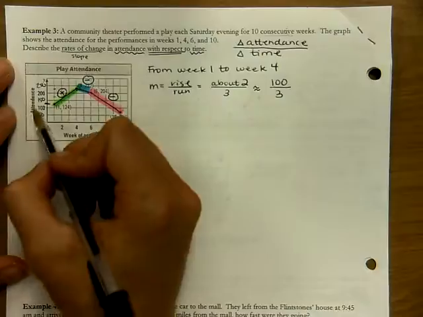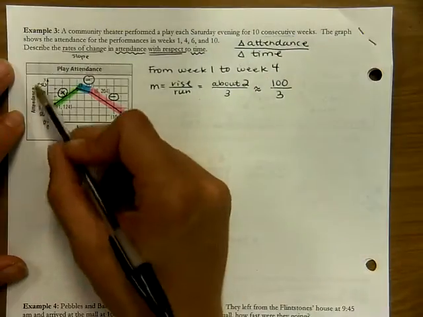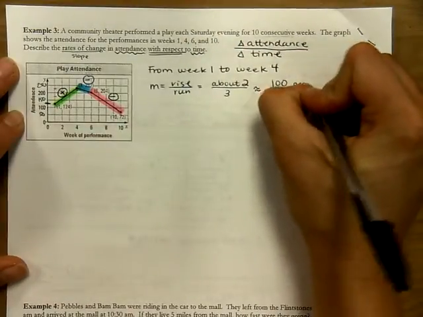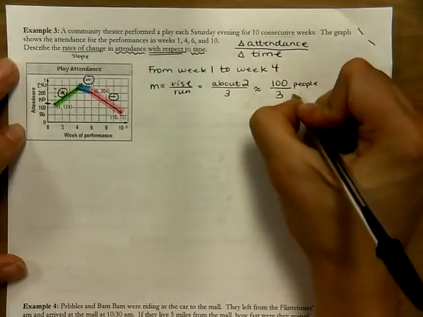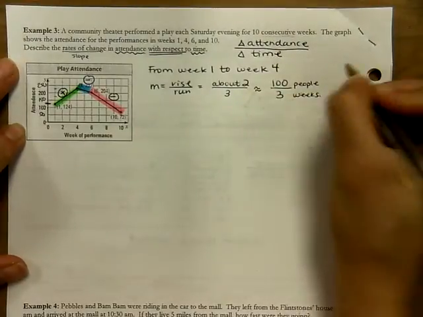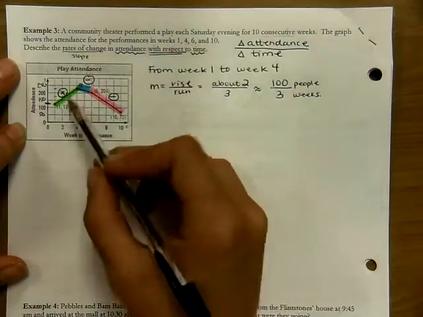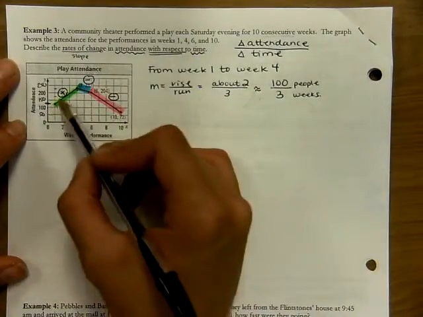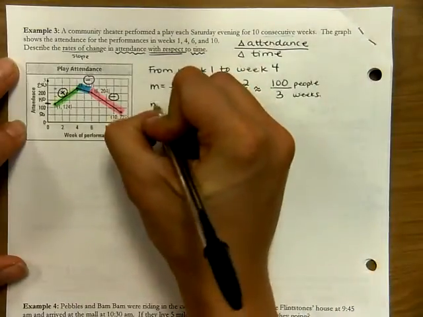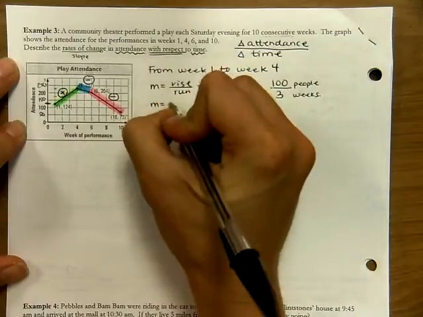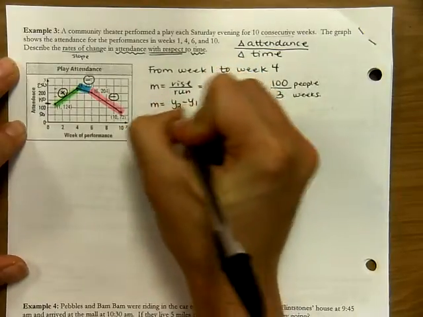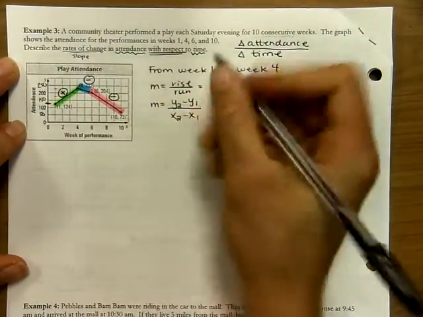If we think about units, the change in attendance, well, attendance means people. So this is 100 people over 3 weeks. Now, this is not exact. We're doing approximate because we weren't sure exactly where it went. So the more accurate way to do this would be y2 minus y1 over x2 minus x1.